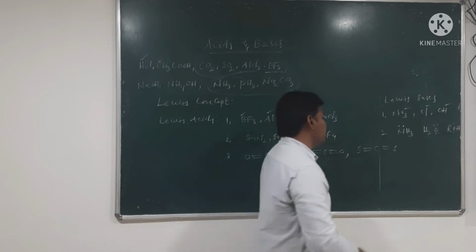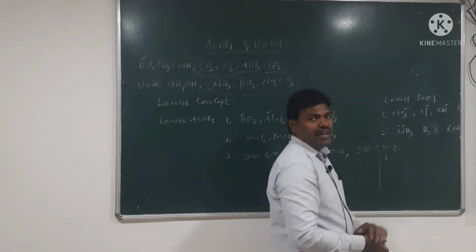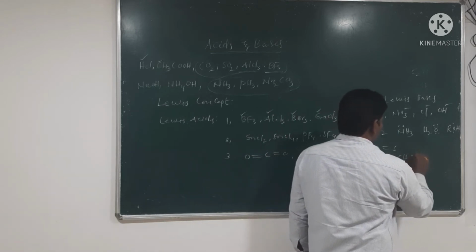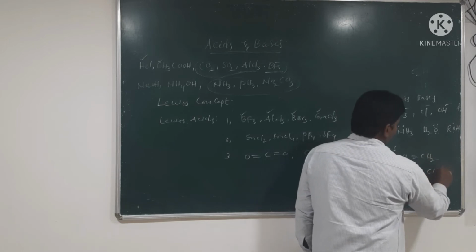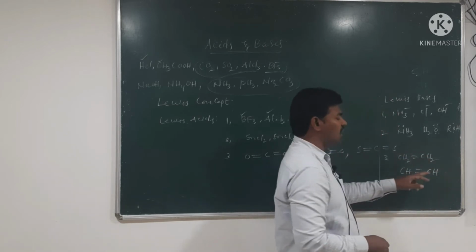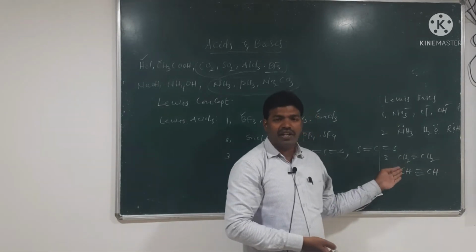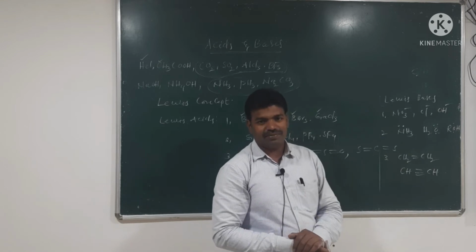And multiple bonded compounds, for example CH2 double bond CH2, ethylene, and acetylene, can act as Lewis bases.